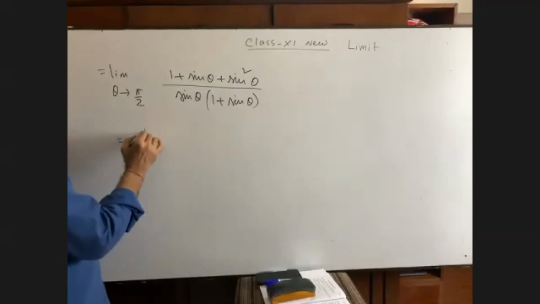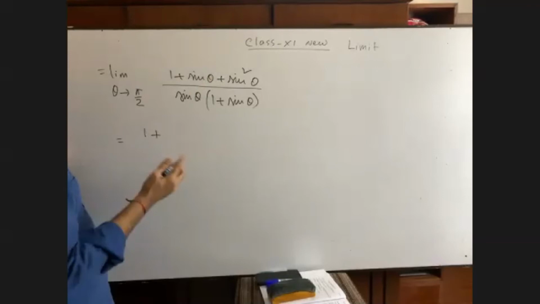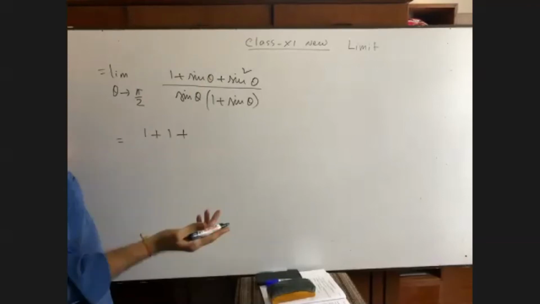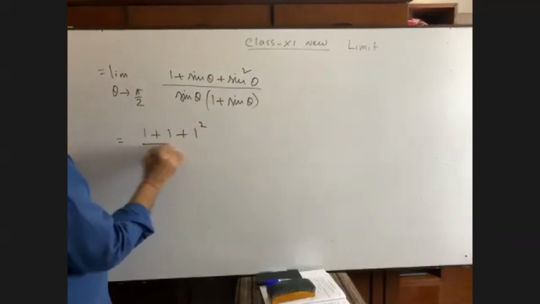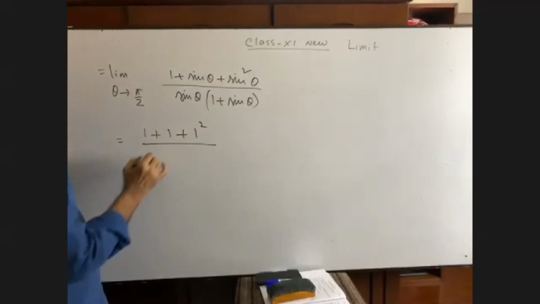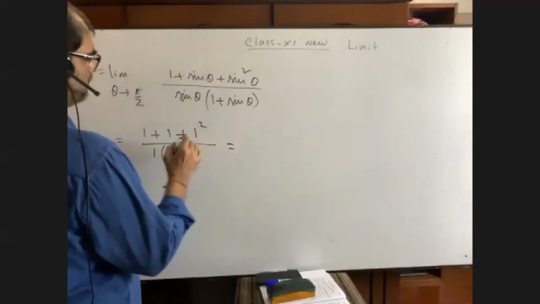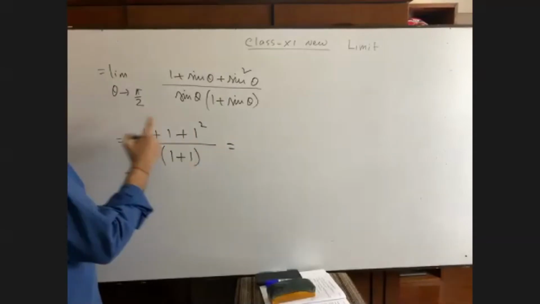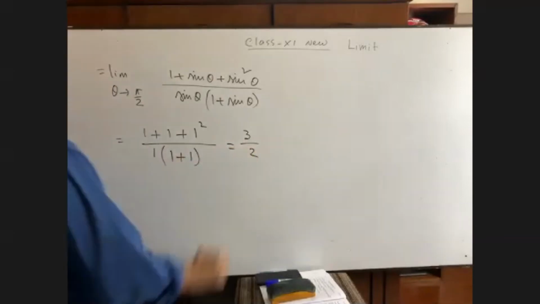Sine pi by 2, that is sine 90 degree, is 1. So we are getting 1 plus 1 plus 1, that is 3 in the numerator. Here 1 plus 1, 2 into 1, that is 2. So we have got our answer.